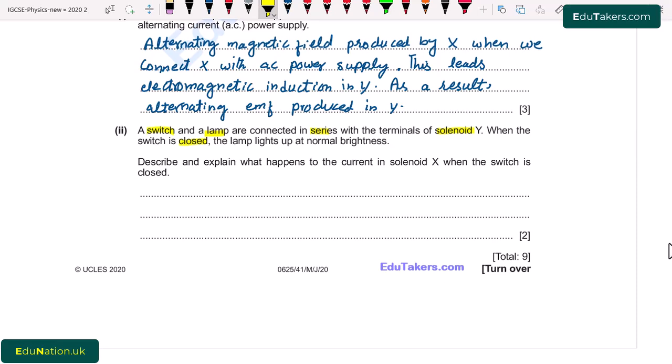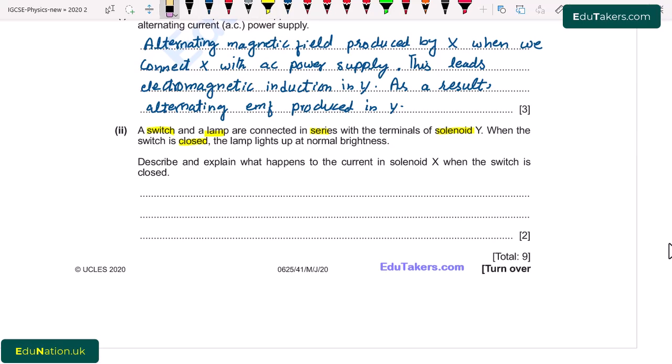Describe and explain what happens to the current in solenoid X when the switch is closed. We have to explain what will be the effect on current in solenoid X.